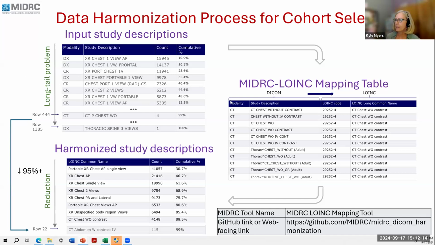Now, through the development of this LOINC mapping table, we can take, for example, studies that really all represent the same thing, a CT chest exam without contrast, named differently across different institutions, and harmonize the naming of those studies, pull them all together to constitute one row in the study descriptors in the MIDRC data to make this list of study descriptions far more workable, far more manageable, with a concomitant reduction in the number of descriptions of about 95%.